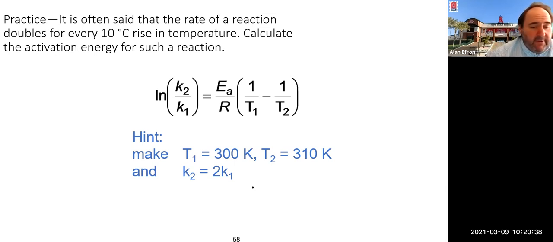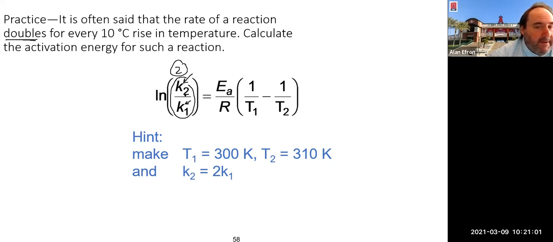In this case, they don't give us rate constant numbers, but they talk about the rate basically doubling, which means that from our rate constant at the first temperature to our rate constant at the second temperature, we're going to see a doubling of it, which essentially means we get the natural log of 2 on this side.